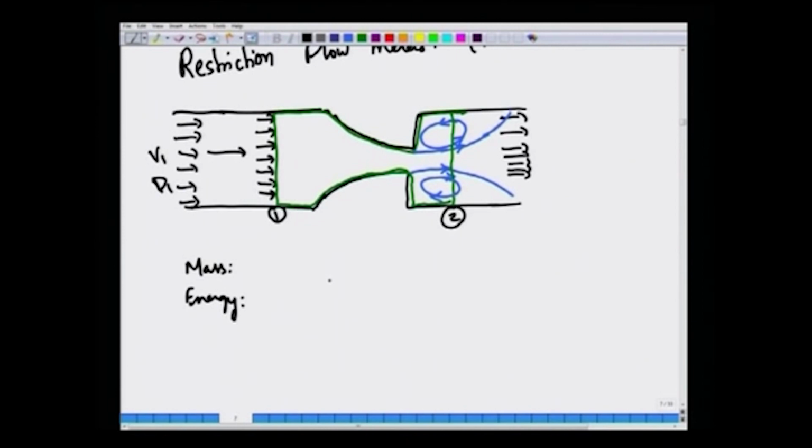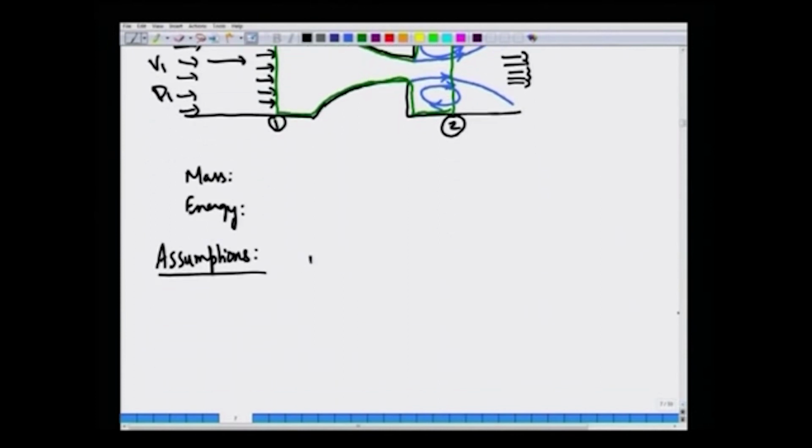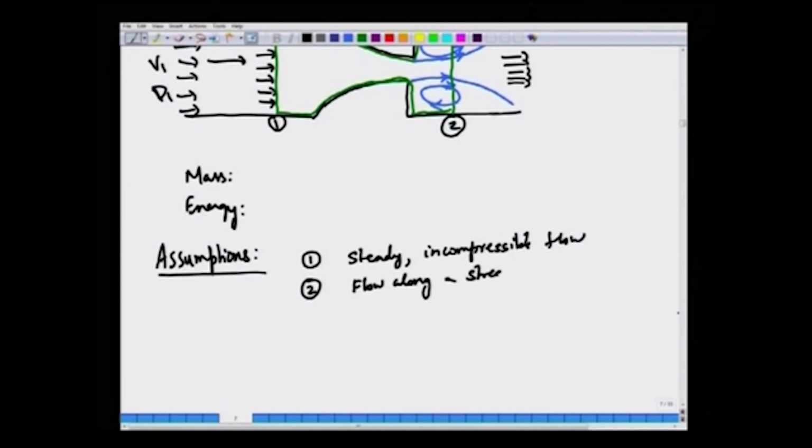So let us first make some assumptions, because this is a fairly complex problem that cannot be solved without making these assumptions. First is steady incompressible flow, and we want to consider the flow along a streamline from points 1 and 2.